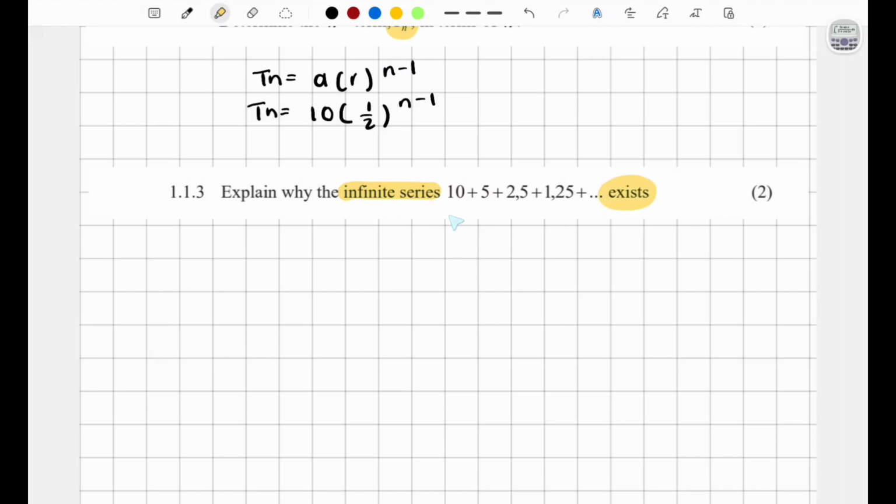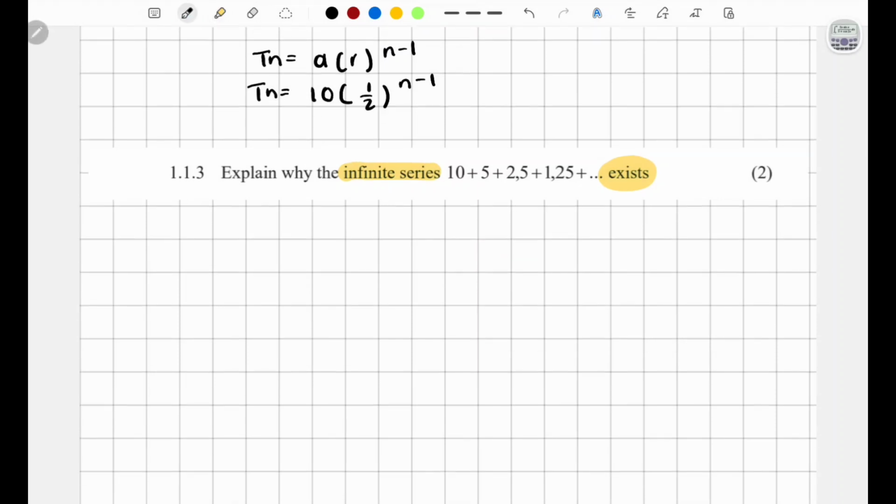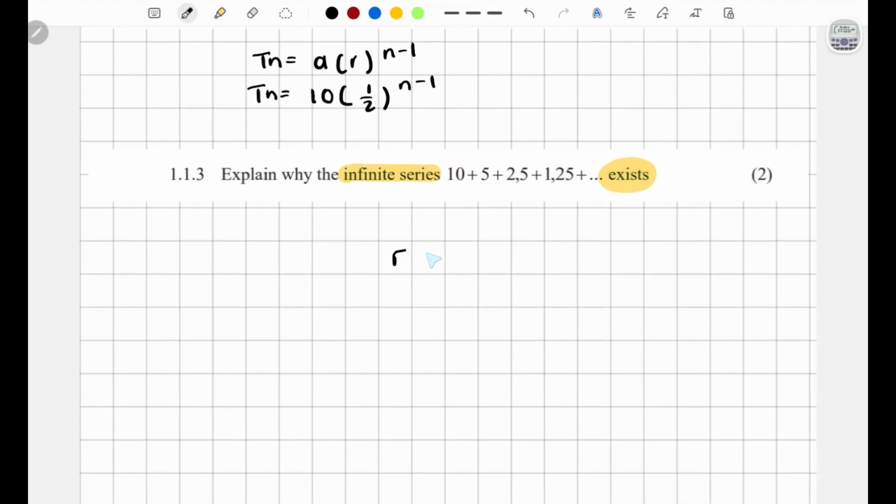For us to say that this series exists, it would have to converge. And for a series to converge, this is what must happen: its constant ratio needs to be greater than -1, but smaller than 1. That's what you do when they ask you to explain why an infinite series exists.